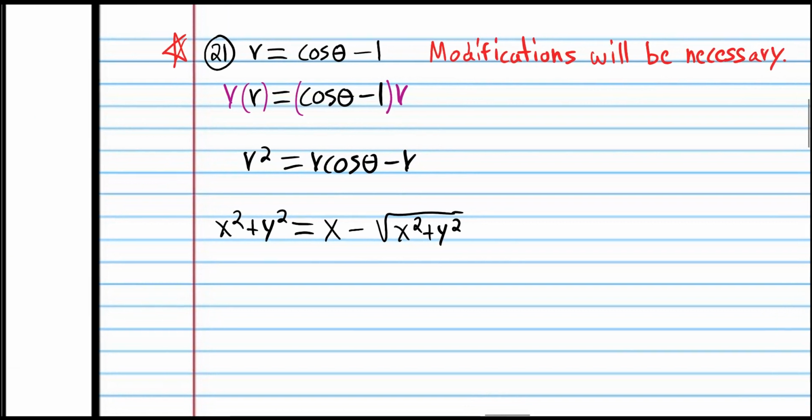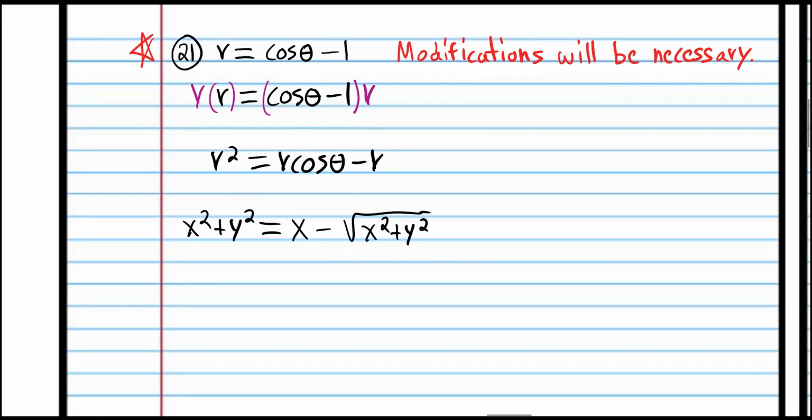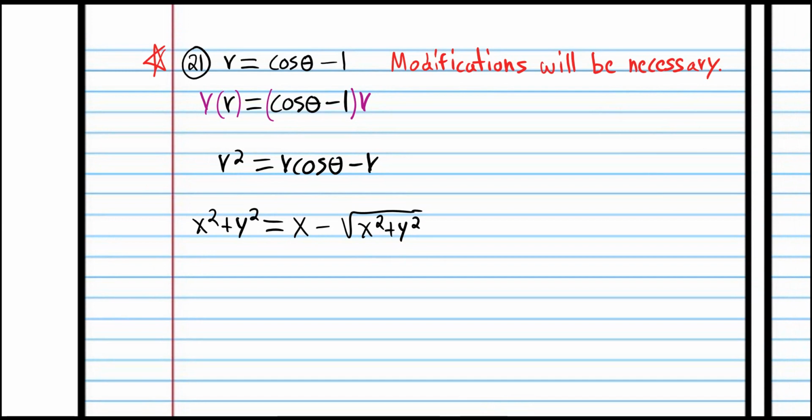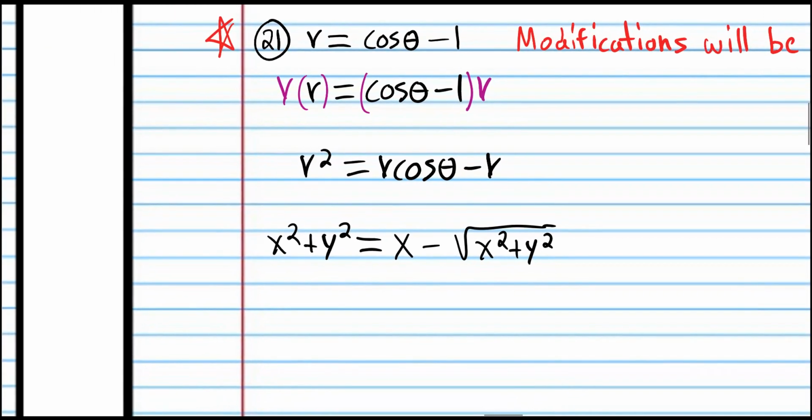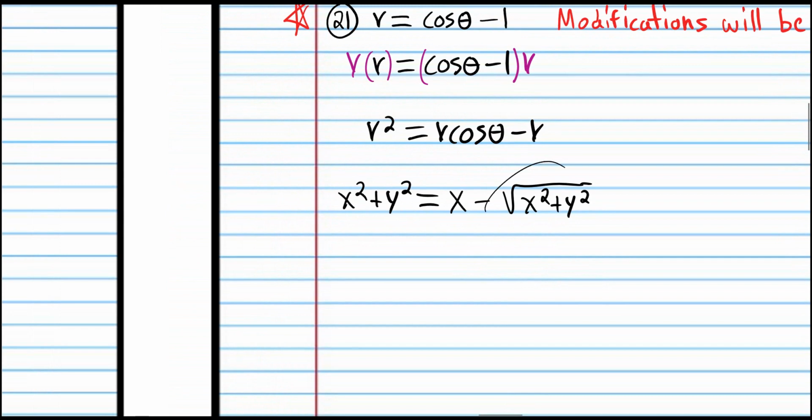So again, I'm not going to bother you with a lot of these types of problems, but I just want you to be aware that sometimes you can't just convert from one to the other. Oftentimes it doesn't work. But if we can somehow get rid of that root symbol, remember that's the general guideline, if you can, you want to get rid of this root symbol. So what I'm going to do is put this term on the other side.